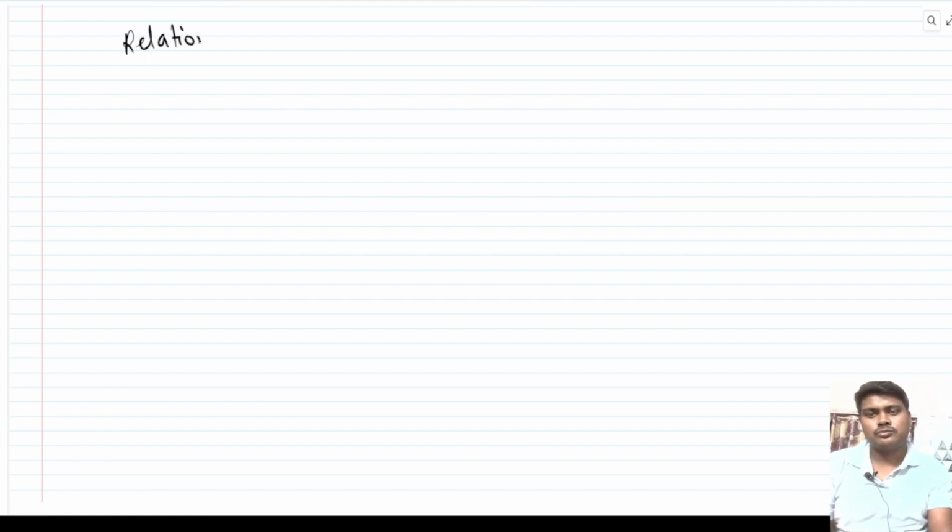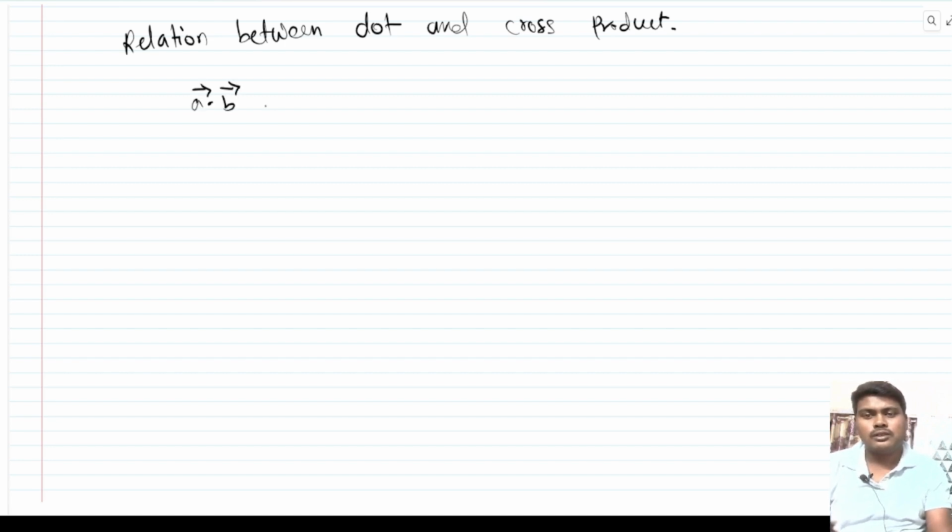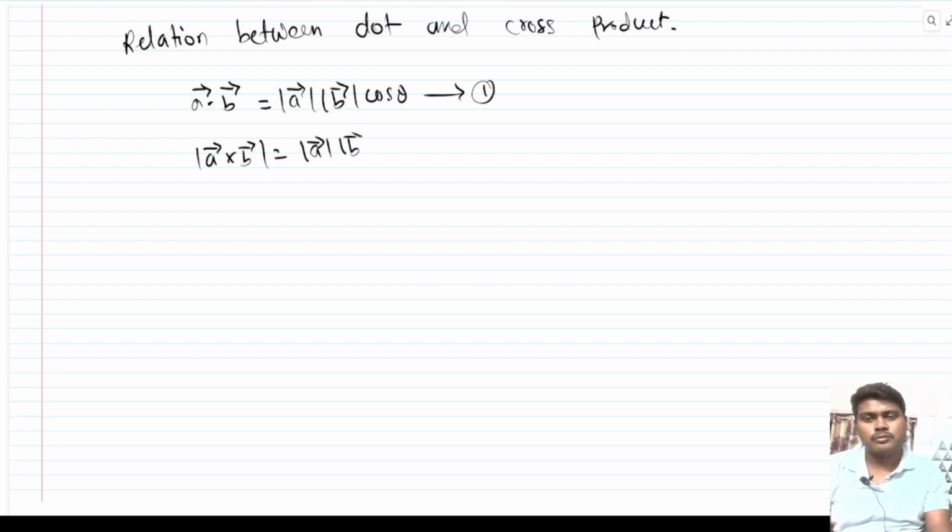Now we discuss a very important relationship between dot product and cross product. So let us consider two vectors, small a vector and small b vector. Then a dot b equals mod a mod b cos theta. So it is equation number 1, and mod a cross b equals mod a mod b sin theta.